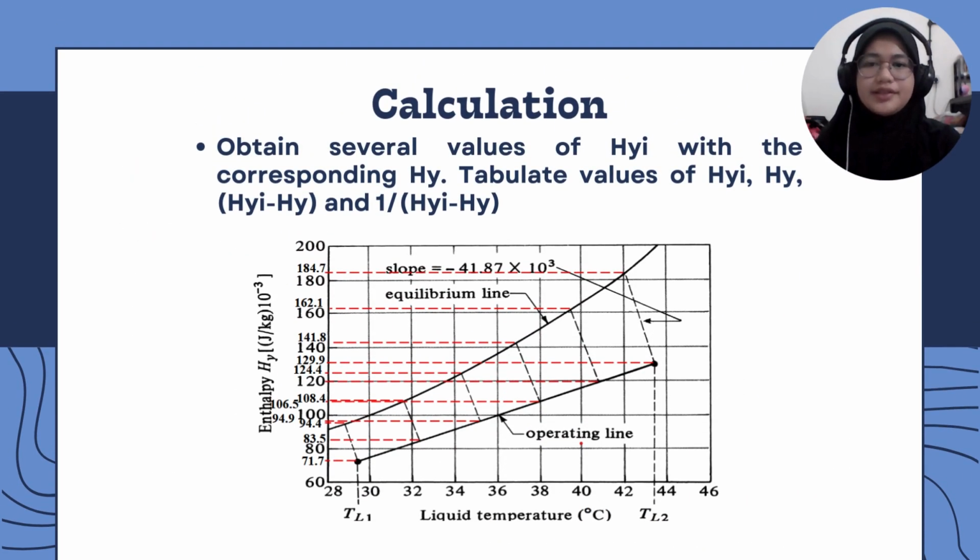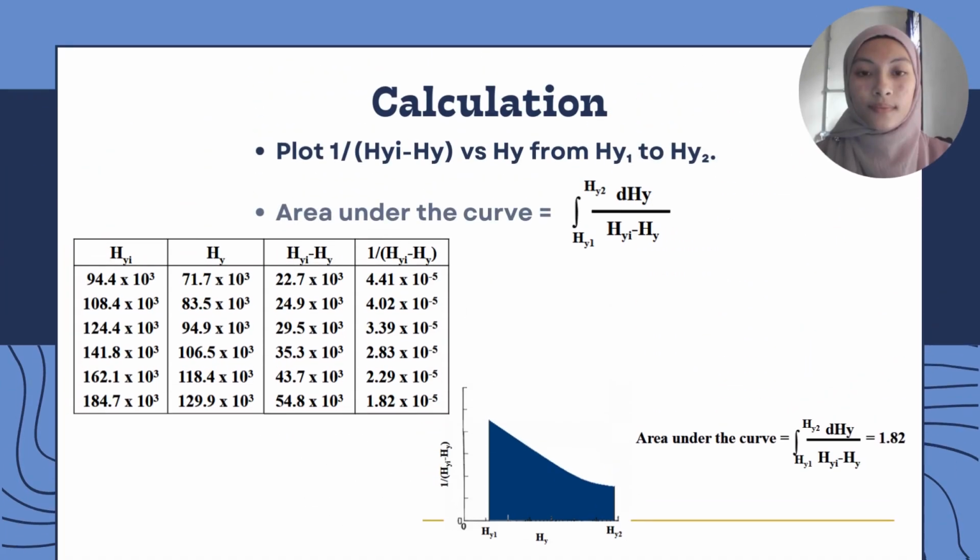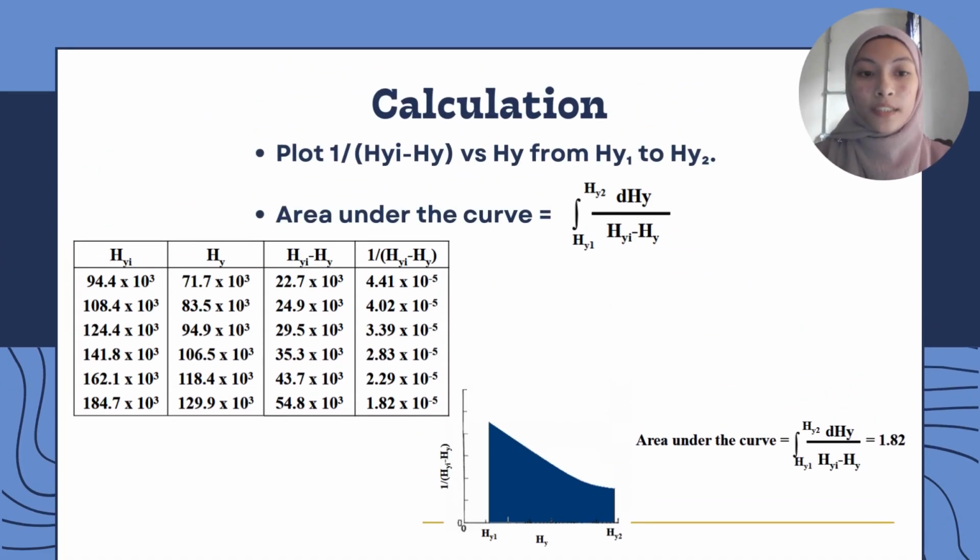We need to obtain several values of Hyi with the corresponding Hy. And then we need to tabulate values of Hyi, Hy, Hyi minus Hy, and 1 over Hyi minus Hy. From the graph, we have obtained the values of Hyi and Hy, and these values we will put in a table and get the values of Hyi minus Hy and also 1 over Hyi minus Hy.